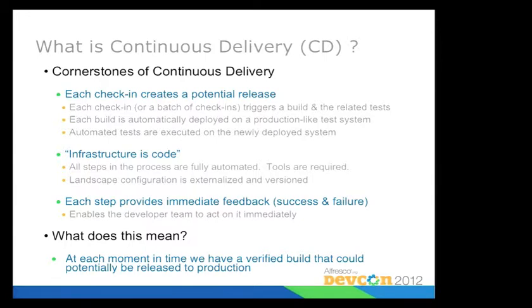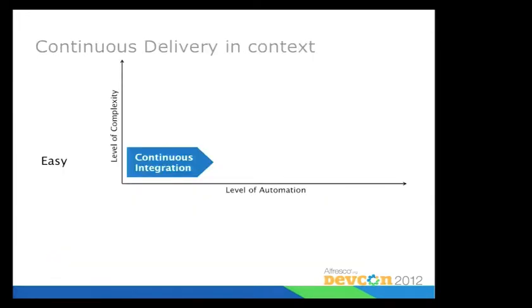Right, so if we put this in context, continuous integration. I think most of you are using some kind of build server. Who's using a build server like Jenkins or Hudson or something like that? Okay, so you're doing continuous integration or, well, at least a nightly build. Yeah? So let's say that is the level of automation where most people are at the moment.